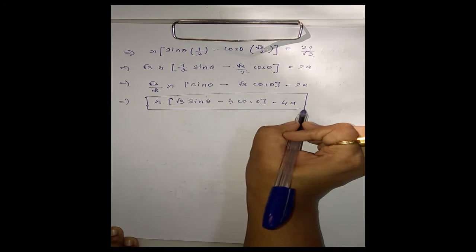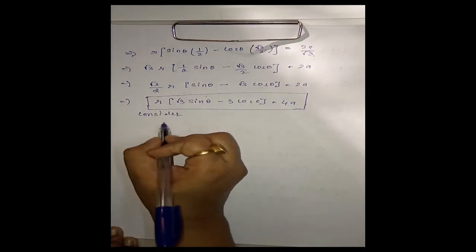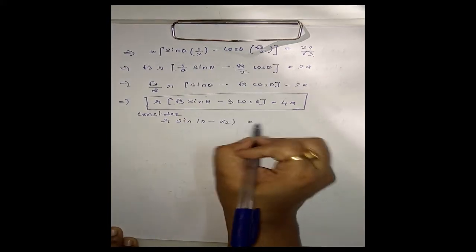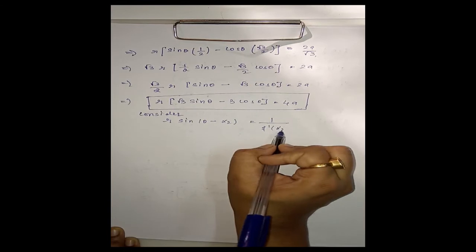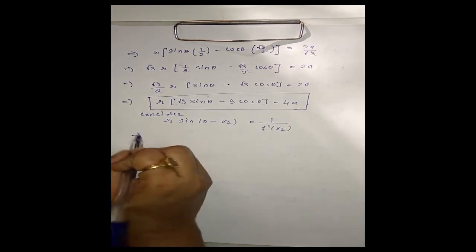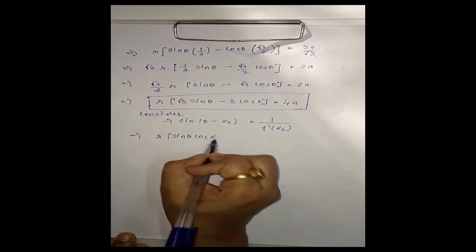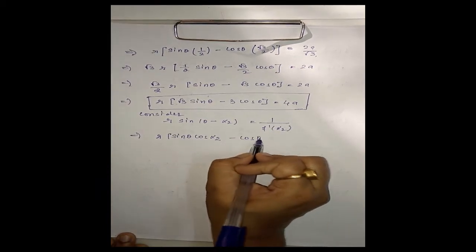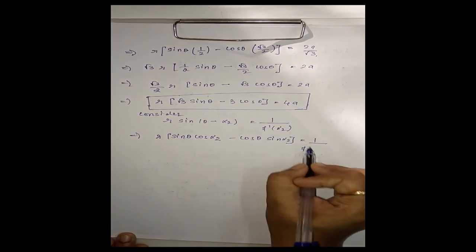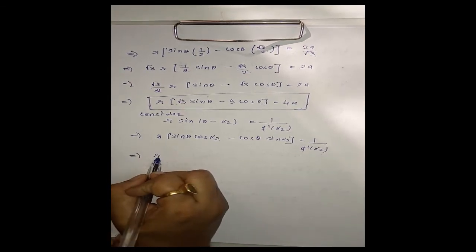Same way I will find the second asymptote. Consider r sin(theta minus alpha 2) is equal to 1 upon f dash alpha 2. This implies r sin theta cos alpha 2 minus cos theta sin alpha 2 is equal to 1 upon f dash alpha 2.